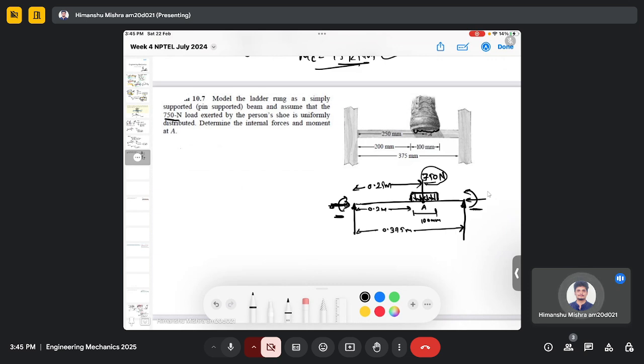So we can actually find this W. My force is W times x, so W will be F by x, where F is 750 and x is this 100 millimeters, so 0.1. So it is 7500 kilonewton per meter.